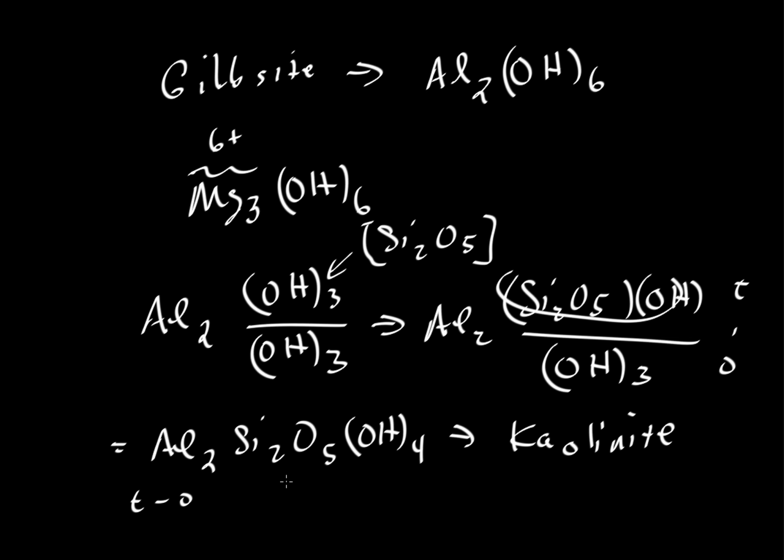And we'll just end by showing a little bit of terminology. We've talked about minerals that have either 2 aluminums or 3 magnesiums per formula unit. And we might have just a series of hydroxyls, as for gibbsite over here or brucite down here.